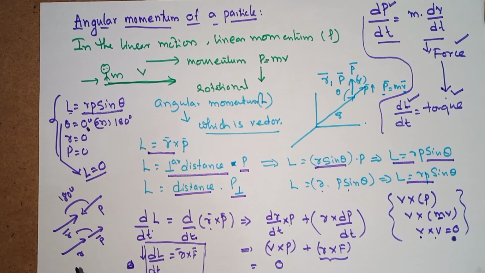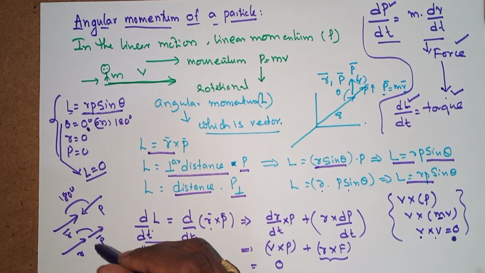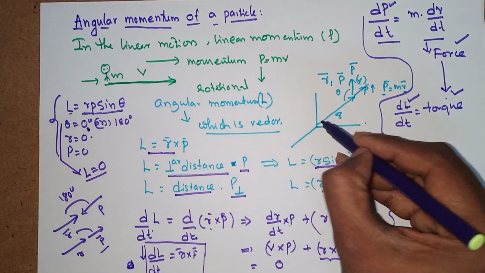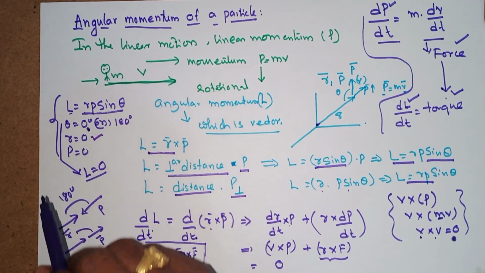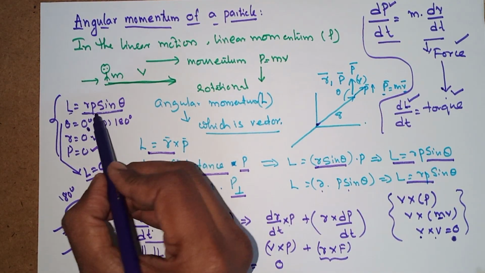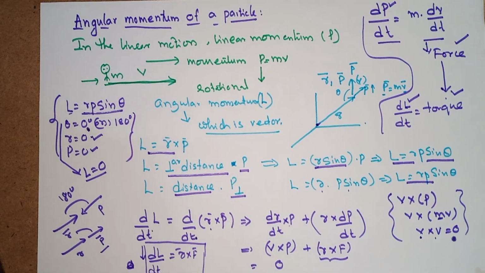Linear momentum is still present, but angular momentum becomes 0. When r is equal to 0, if you consider the r vector exactly over here, the angular momentum becomes 0. Velocity is 0, angular momentum becomes 0. These are the three simple conditions where the angular momentum becomes 0. Here the rate of change of angular momentum is torque.